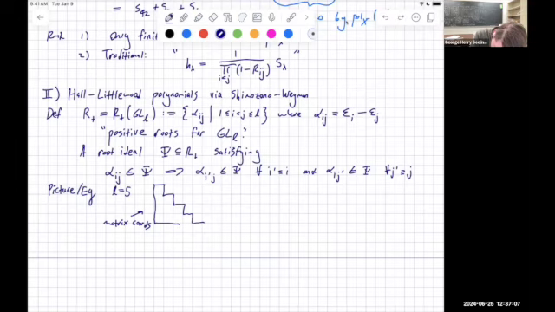And because I'm only taking i less than j, I can only get these things that are strictly above the matrix diagonal. Okay, and I can imagine each box corresponding to one of these positive roots.